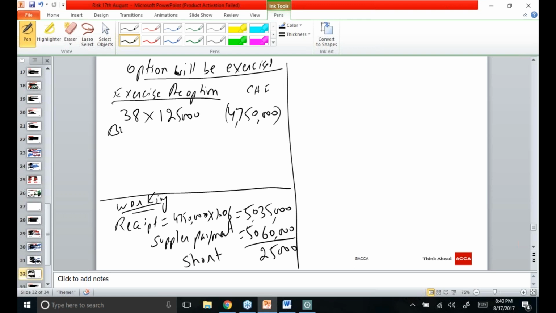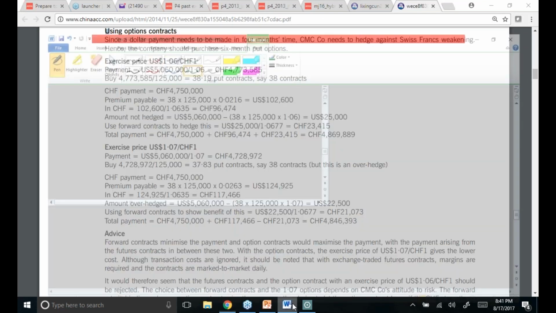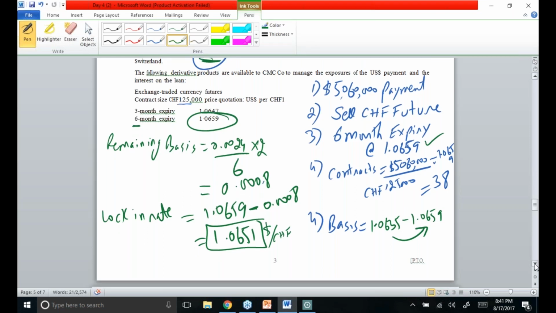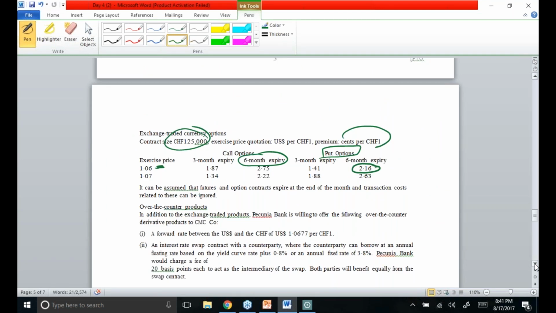So we will buy the balance amount at the forward rate. So look into the question. What was the forward rate? Okay, the forward rate is 1.0677.